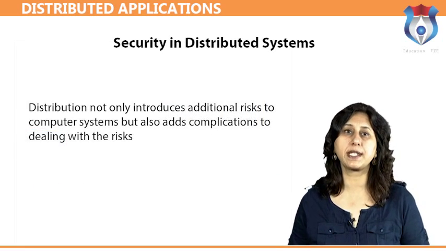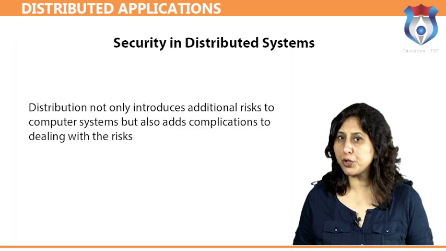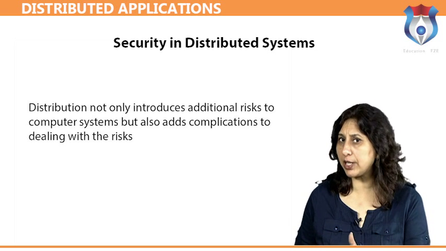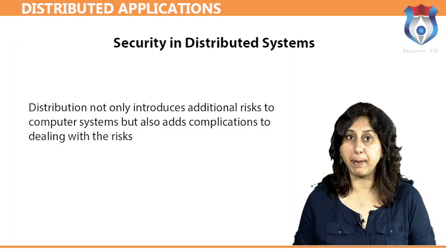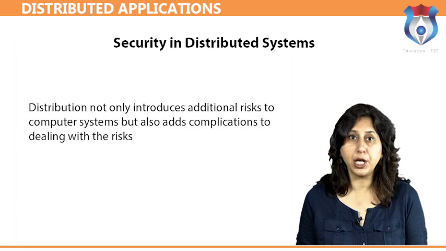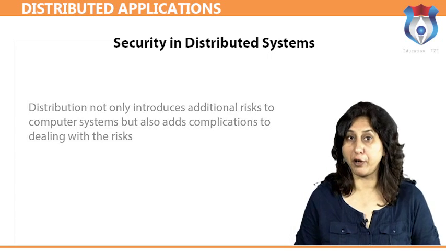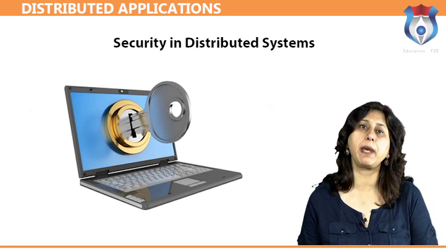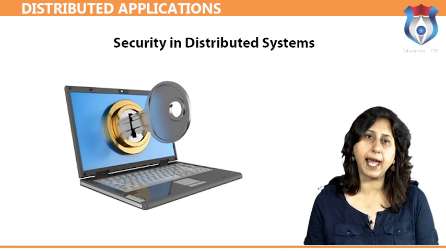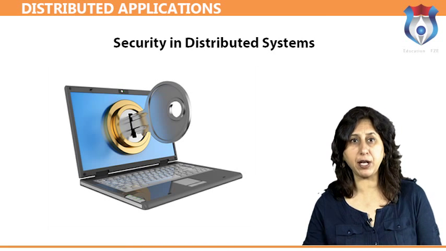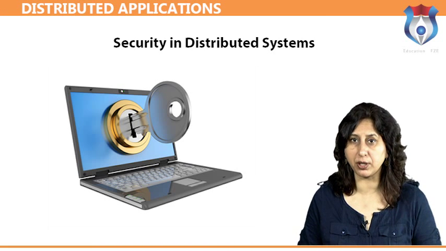Security in distributed systems. Distribution not only introduces additional risks to computer systems, but also adds complications to dealing with the risks. For example, communication may introduce significant time lag into the system in respect of security-related information.